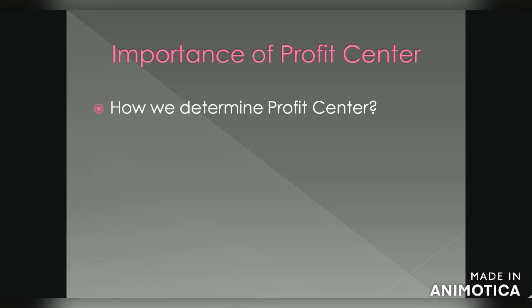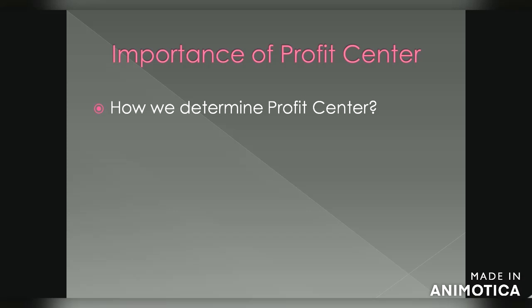So how do we determine profit center? Meaning, how does the business determine which will be the profit center? First of all, we should know in which area we need to know whether it is in profit or in loss.